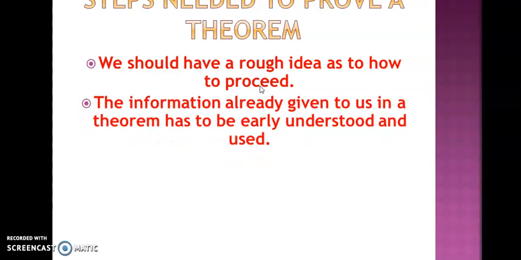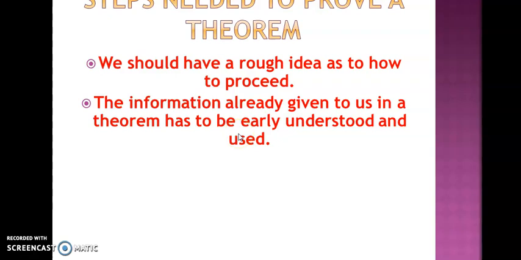In the next step, the information already given to us in a theorem has to be clearly understood and used. In the statement of the theorem itself, they give some information, the already given statements, and we have to understand it and know how to use it.